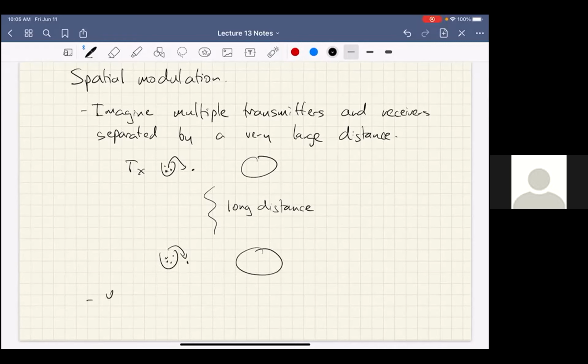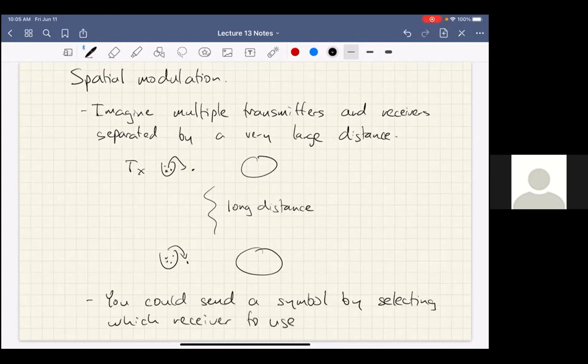You could send a symbol by selecting which receiver to use. That's the idea of spatial modulation. That's a very simple way of describing any kind of spatial modulation, which is to say that if I want to send a 0, maybe I'll send a molecule from this emitter, and presumably it will then arrive at this receiver.